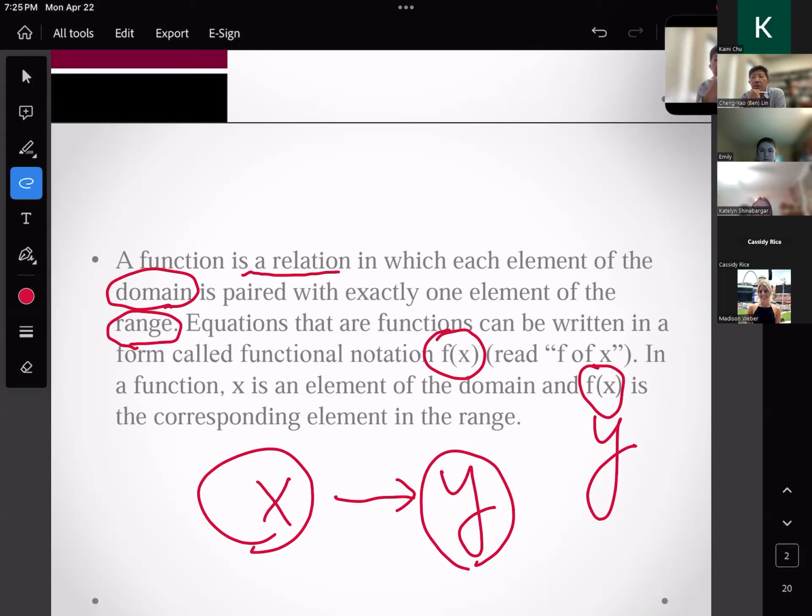Can anybody give me an example, a real world context for this? Can anybody think of any example? Maybe I can start with this, all right? Let me give you the example of a gas station. If I fill in gas, how many dollars is a gallon right now?